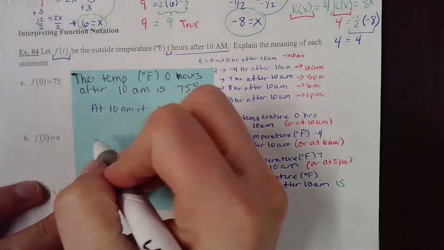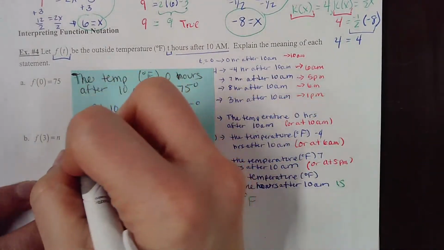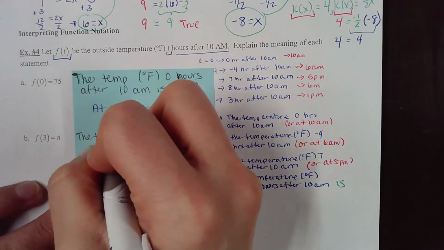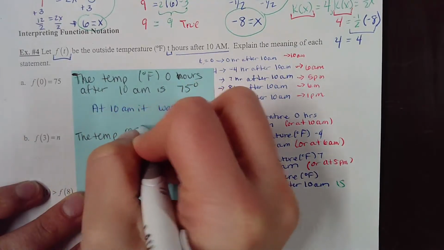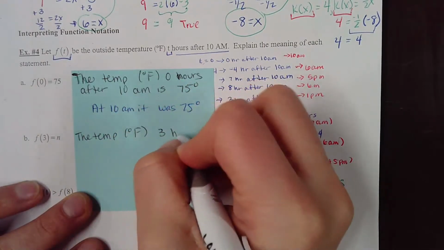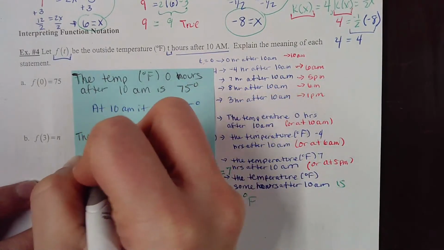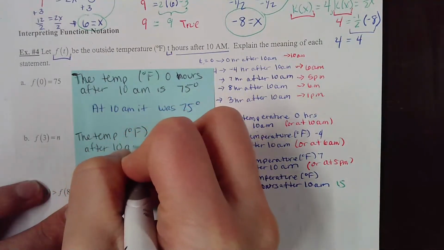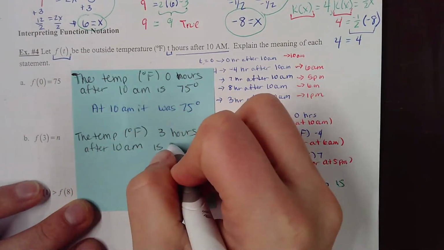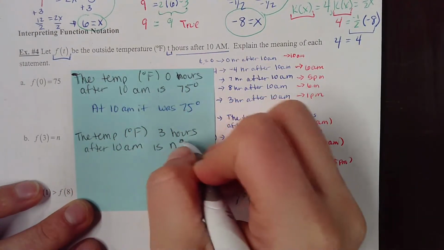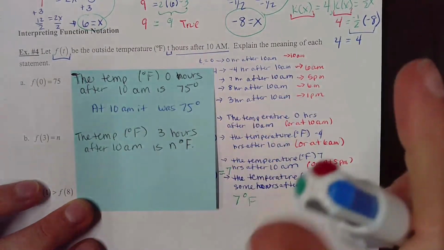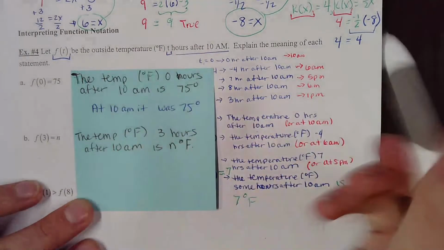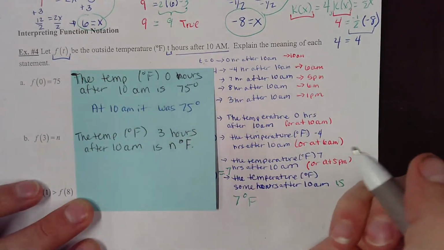Try B. Pause the video if you haven't already got an answer. The temperature 3 hours after 10 a.m. is n degrees Fahrenheit.